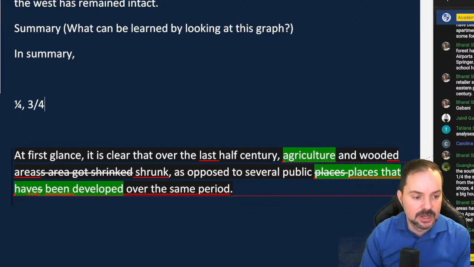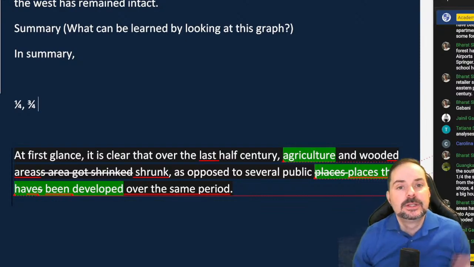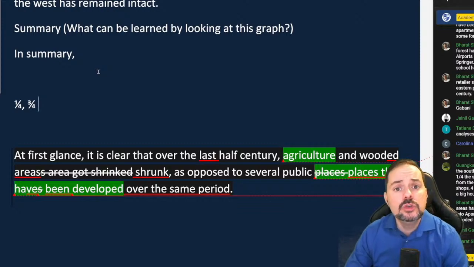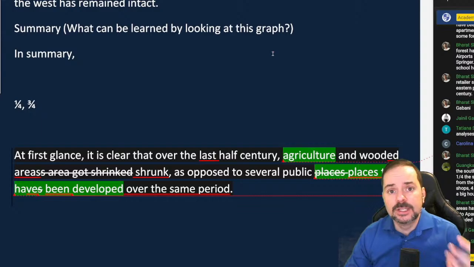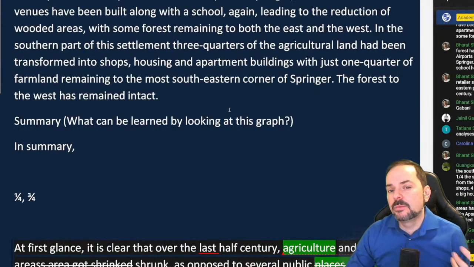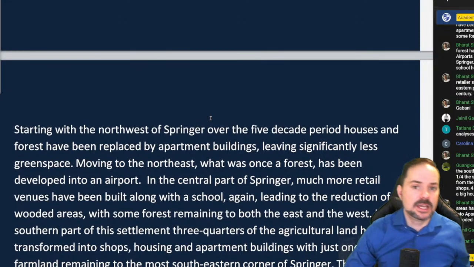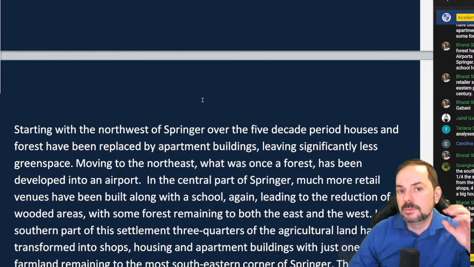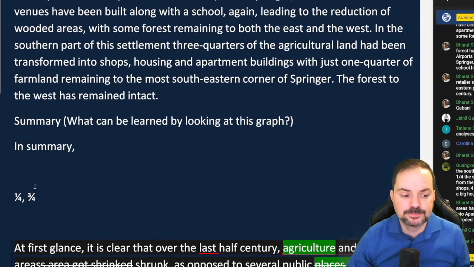And notice how Word is even changing that into the proper little mathematical notation, 1/4, 3/4. So you can use that to save yourself time so that you can give more information and more detail. That's why I don't like writing things like immediately at first glance it can be observed that, because that's just time wasting, right? So you can be more precise and get more points for writing more details.